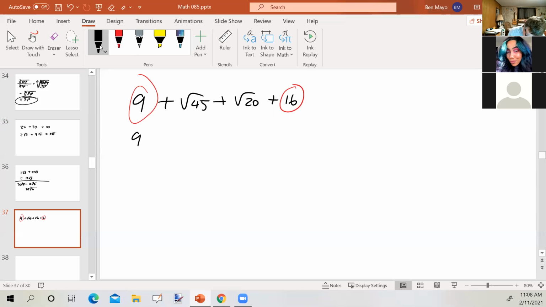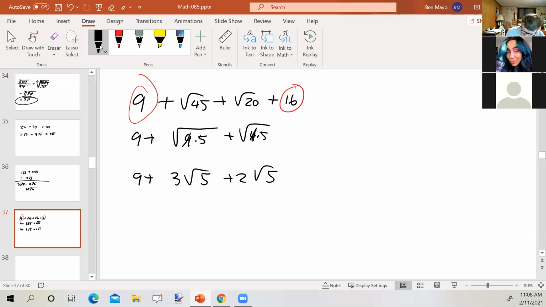But I could take the square root of 45 and write it as 3 square roots of 5. 45 is 9 times 5, square root of 9 is 3 outside. I could take 20 and write it as 4 times 5. The square root of 4 is 2 outside square roots of 5.